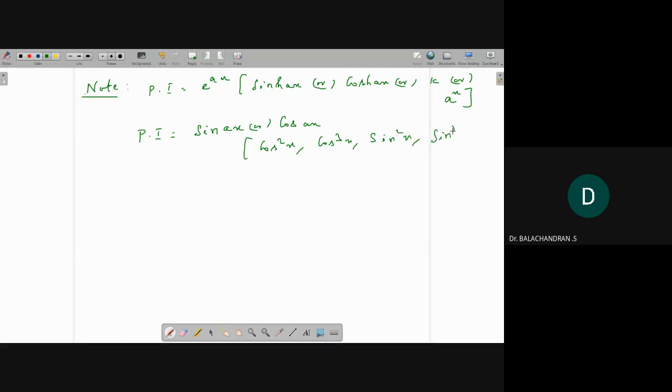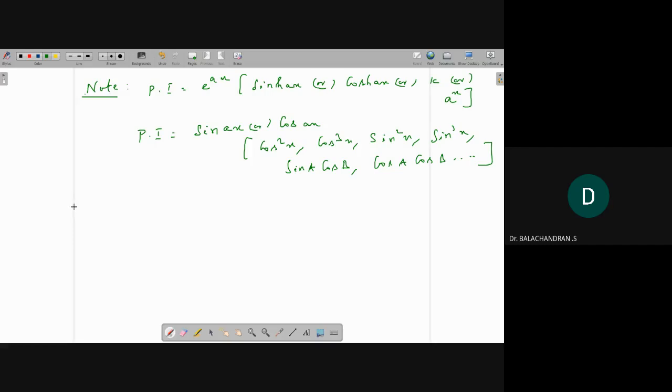Whatever it is, and then sin a cos b, or cos a cos b, sin a sin b. Suppose the right hand side expression is like this, you should convert it in terms of sin ax or cos ax, and then solve under the type 2 category. Okay, now type 3.